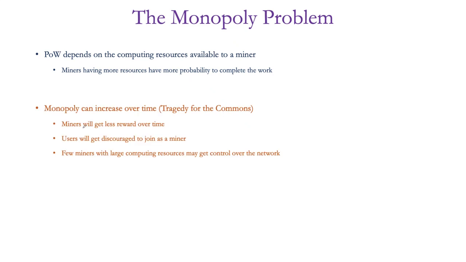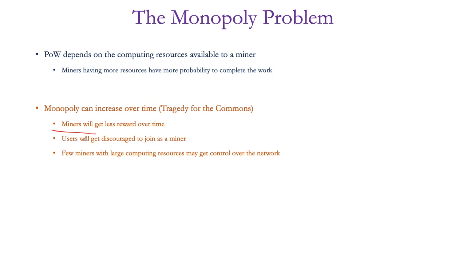So this monopoly can increase over time, the tragedy of the commons. So these miners will get less reward over time, every time they try to build a new block and add it to the blockchain. So users will get discouraged from joining as a miner, because only one miner has good resources.